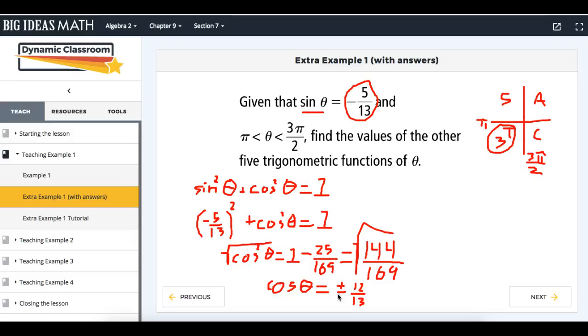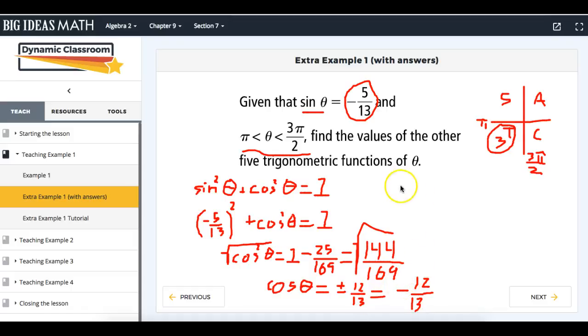So we need to go back to our range. We know that it's in quadrant 3 because theta is greater than pi and less than 3 pi over 2. We know only the tangent is positive, so our cosine must be negative. That's how we're able to figure out if our cosine is positive or negative.